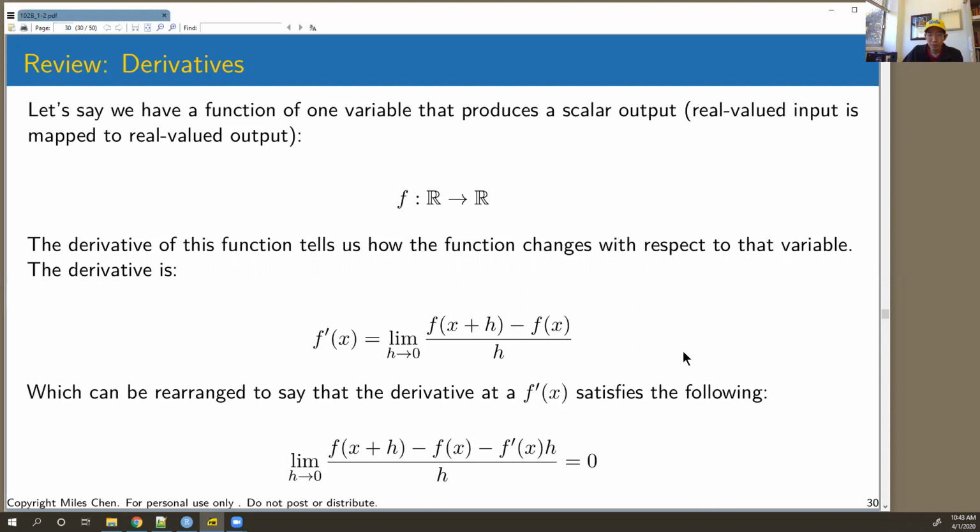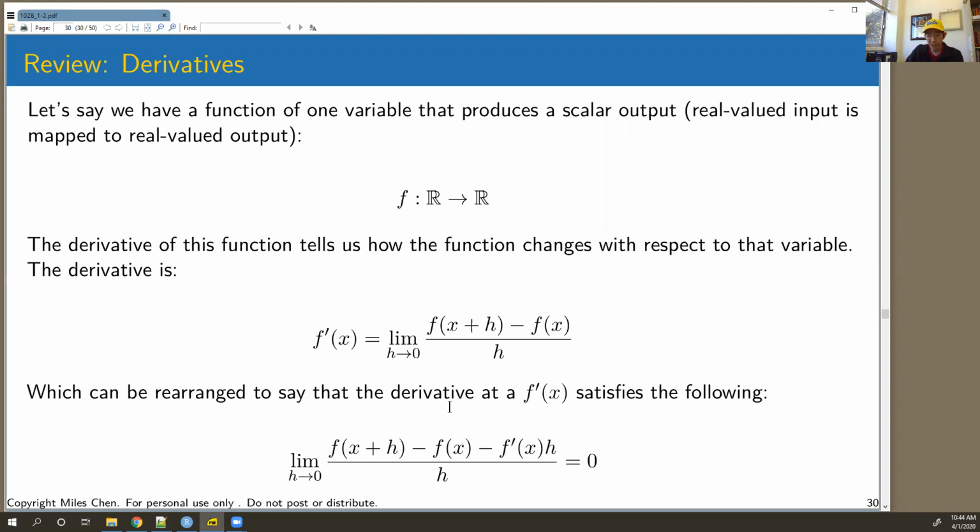So if you remember what a derivative is, basically it's the limit as this difference h approaches 0, right? You've got a function, you're adding some infinitesimally small value h, you're subtracting off the original value of f of x, and you're dividing that by h, okay?